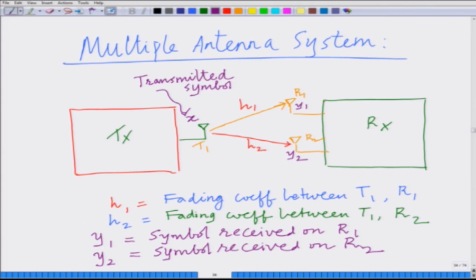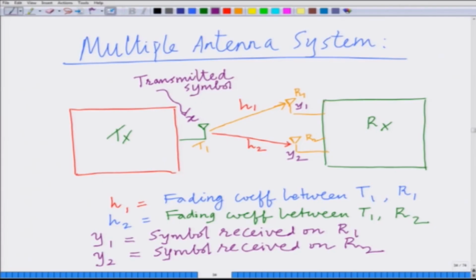Therefore, we have a system with a single transmit antenna and two receive antennas, where X is the transmitted symbol, Y1 is the received symbol on R1, Y2 is the received symbol on R2, H1 is the channel coefficient between T1 and R1, and H2 is the channel coefficient between T1 and R2.